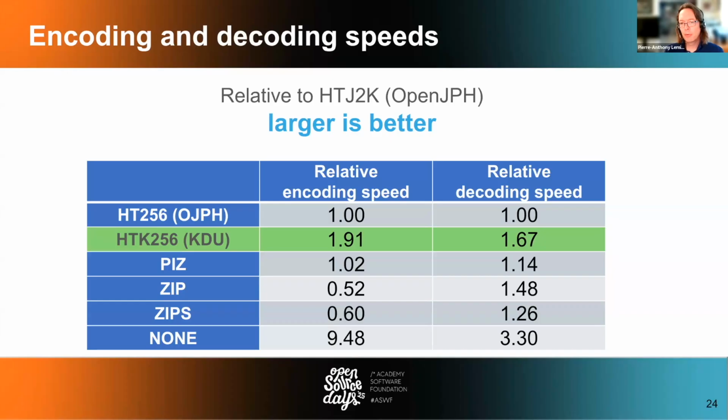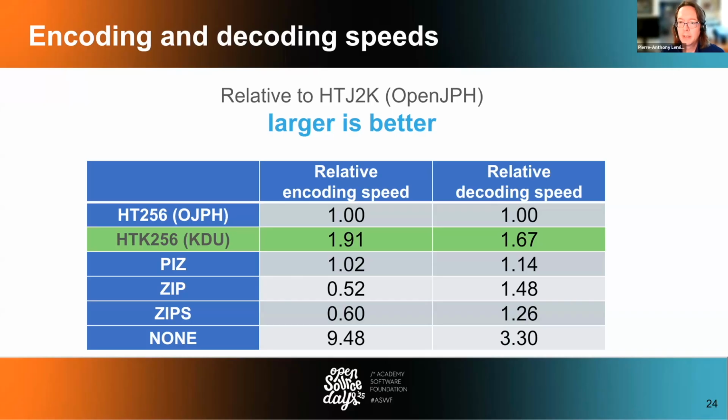The open source HTJ2K library turned out to be the second fastest in encoding, but lagging in decoding. Anyway, that was pretty encouraging. HTJ2K was at least competitive, but probably outperformed other compressor options in OpenEXR. So in terms of all the cool features you have with HTJ2K, you also get performance.